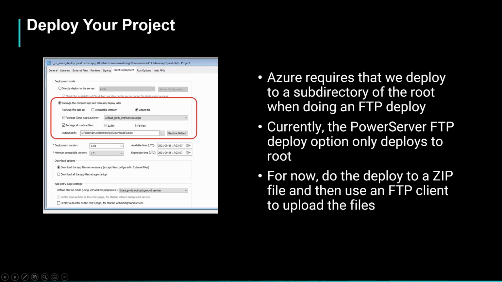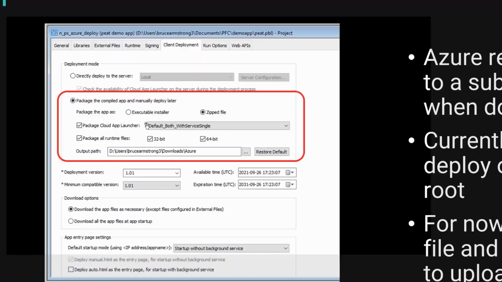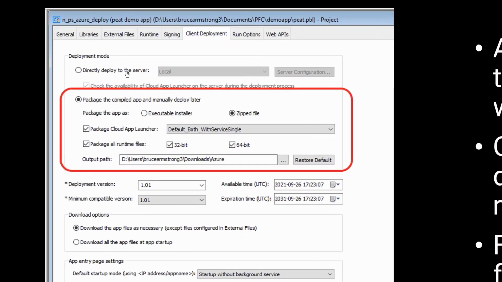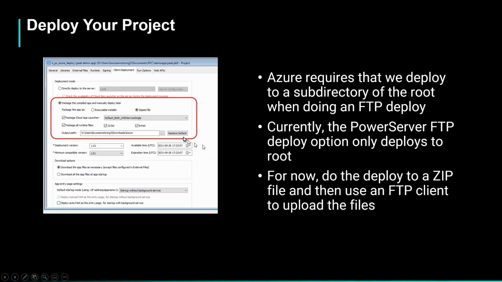I take that back. If you say deploy directly to the server, it does give you the option to do FTP. The problem is the PowerBuilder client deploys directly to the root folder, and that's not what I want.